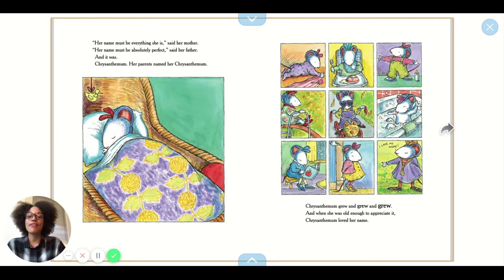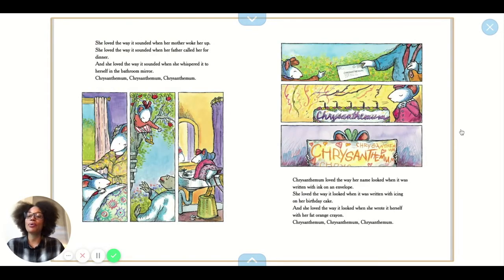Her name must be everything she is, said her mother. Her name must be absolutely perfect, said her father. And it was Chrysanthemum. Her parents named her Chrysanthemum. Chrysanthemum grew and grew and grew. And when she was old enough to appreciate it, Chrysanthemum loved her name. She loved the way it sounded when her mother woke her up. She loved the way it sounded when her father called her for dinner. And she loved the way it sounded when she whispered it to herself in the bathroom mirror. Chrysanthemum, chrysanthemum, chrysanthemum. Chrysanthemum loved the way her name looked when it was written with ink on an envelope.